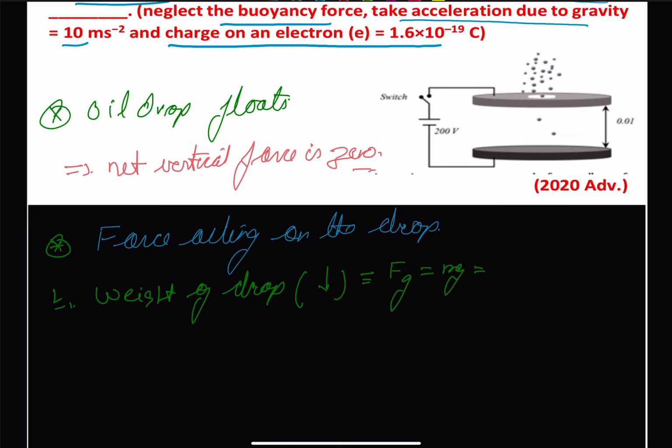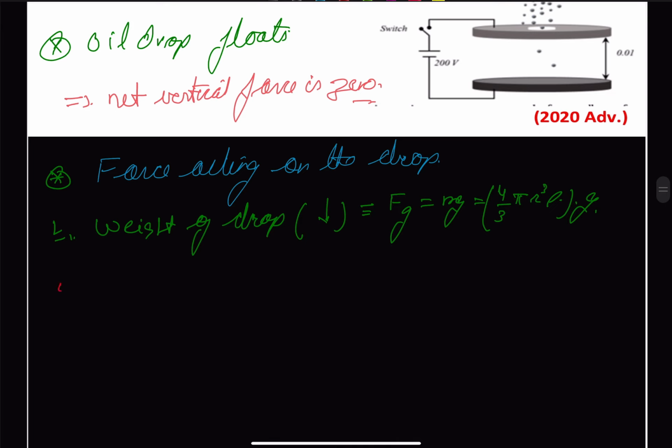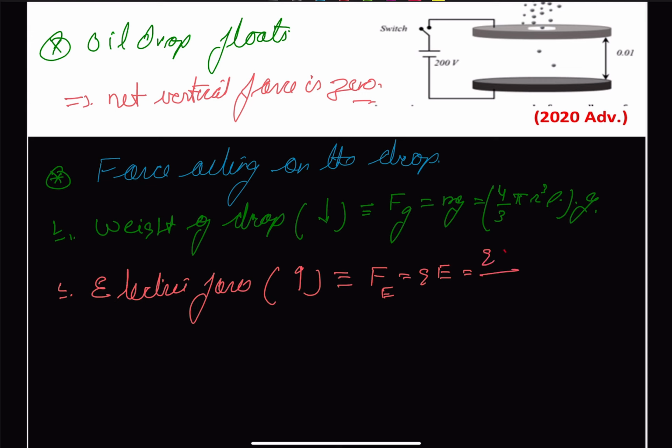And mass we can write in terms of density, so it is 4 by 3 pi r cube rho multiplied by g. And next is the electric force, which will be acting in the upward direction. Let us call it Fe. Once again it will be Q multiplied by E, and our electric field is nothing but the applied voltage divided by distance. So this comes as Q times V divided by d.